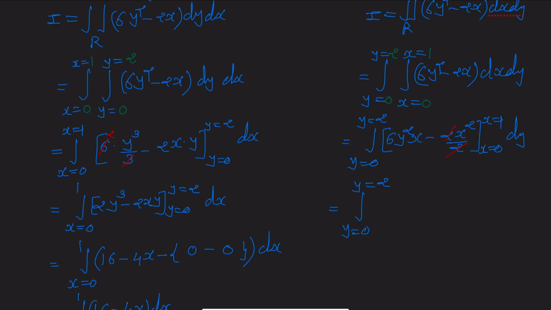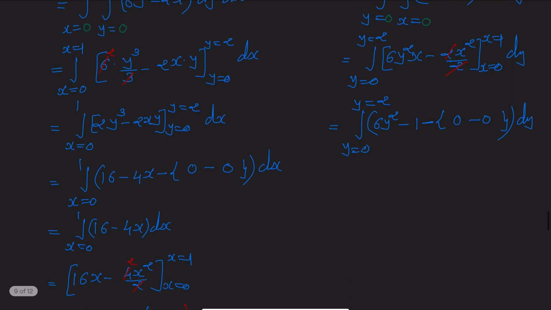You can cancel out 2 and 2 here. Keep in mind we are substituting the values of x. So 6y square, x equal to 1, minus x equal to 1. This minus sign for lower limit, and I am writing for x equal to 0. So this is 0, this is 0, everything with respect to y. So this is integration y is equal to 0 to y is equal to 2, 6y square minus 1 into dy.